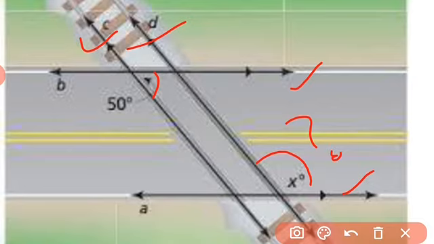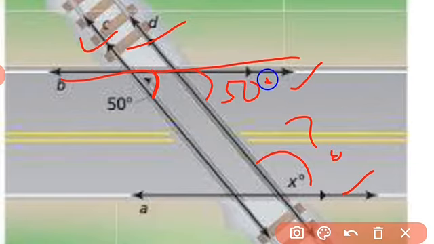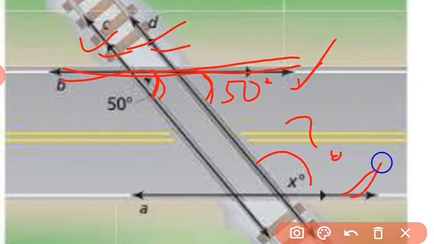Since C and D are parallel, and B is considered to be a transversal, then this angle and this angle will be equal by corresponding angles axiom. Now we see that line A and B are parallel and D can be considered as a transversal.